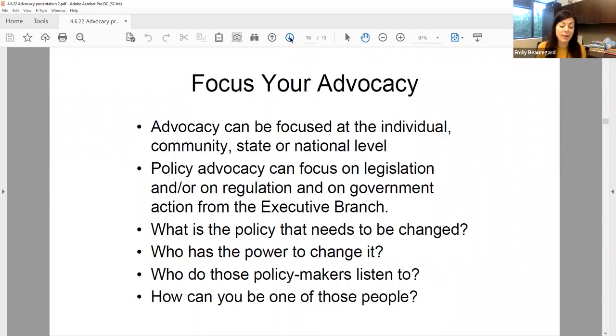But eventually, we also needed state legislation to appropriate continued funding in the state budget for Kentucky's share of the Medicaid expansion costs. So that got us back to not just the executive branch, but the legislative branch.